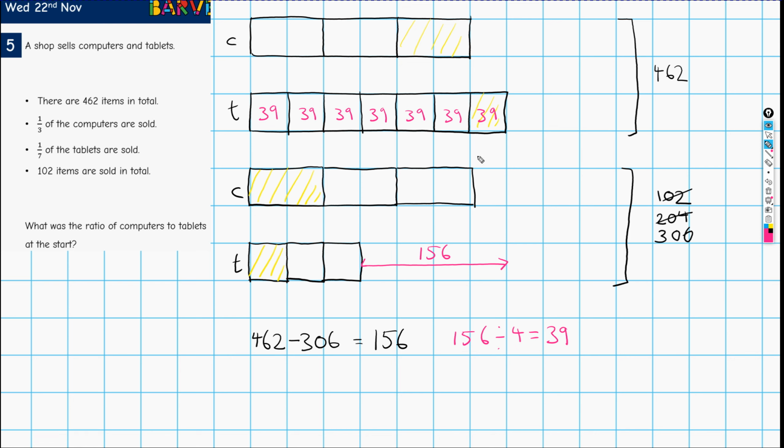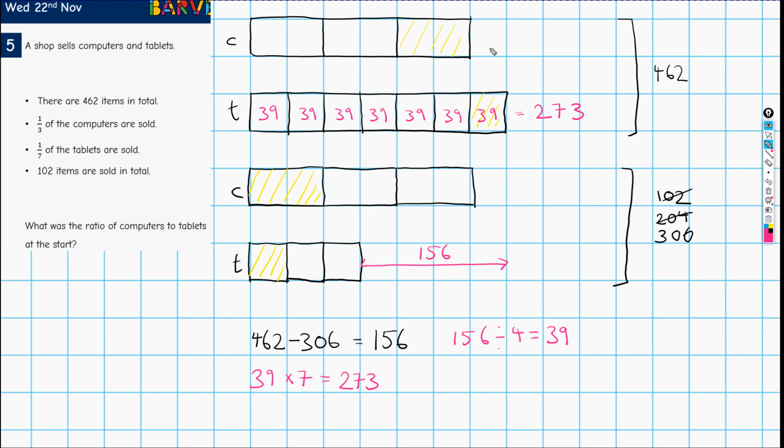Well, we know that the number of tablets is going to be 39 times 7, which is 273.